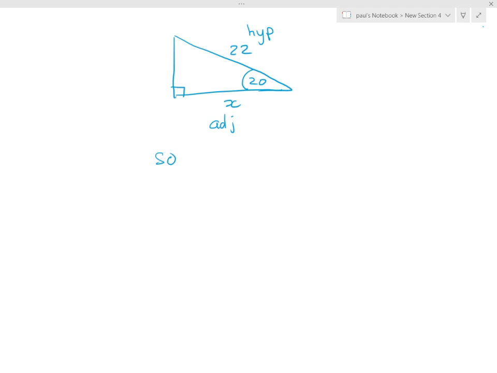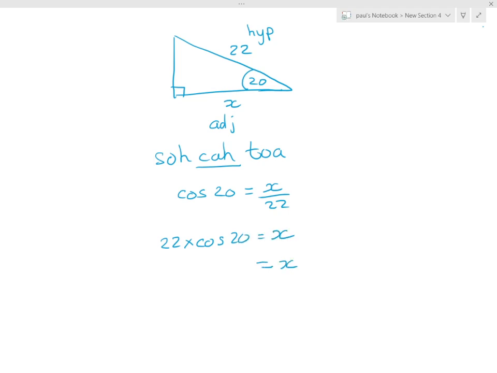So SOH CAH TOA. We need adjacent and hypotenuse, which is this one. So cos 20 equals adjacent, which is x, over hypotenuse, 22. So 22 times cos 20 equals x. So x will equal, let's do that.